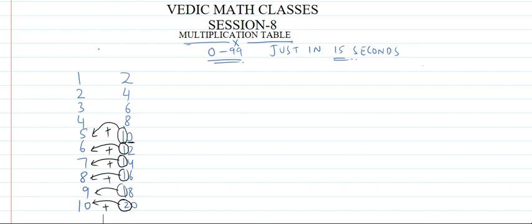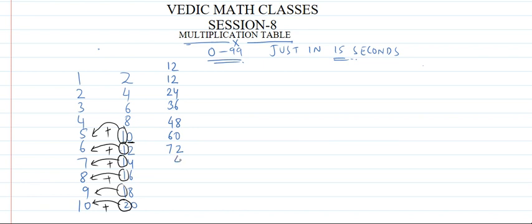So if somebody asks me what is the final multiplication table of 12, let's start writing. 12 1s are 12, 12 2s are 24, 12 3s are 36, 12 4s are 48, 12 5s: 5 plus 1, that is 6, so 60. Likewise, 6 plus 1, that is 7, and unit digit is 2, so 72.